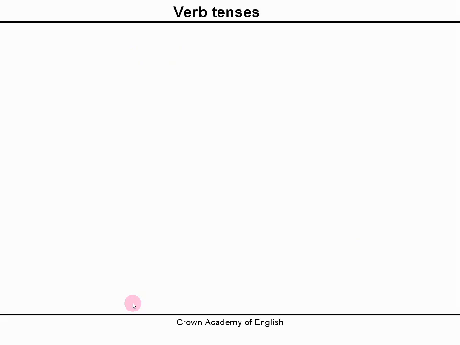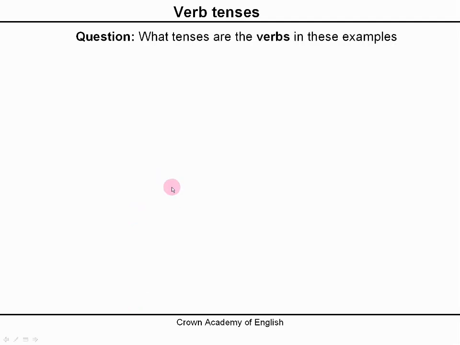Verb tenses. This is very important. We have 2 or 3 choices of the verb tense that we can use, but here is the most common verb tense. So I've got a question for you. What tenses are the verbs in the 2 examples?